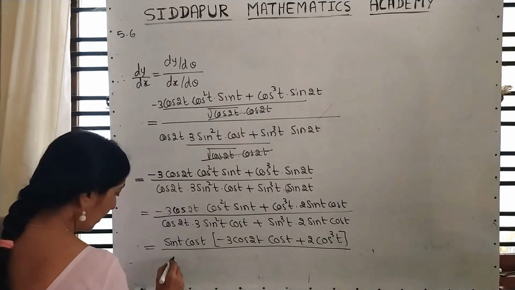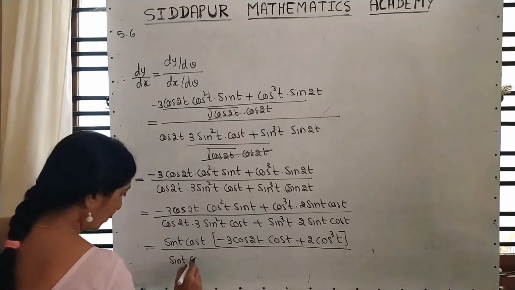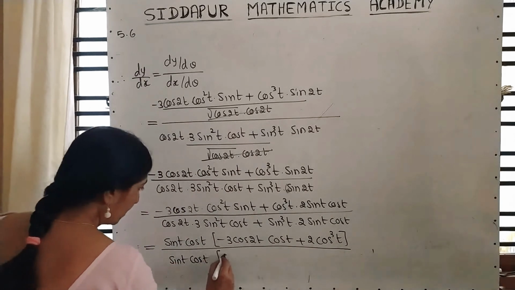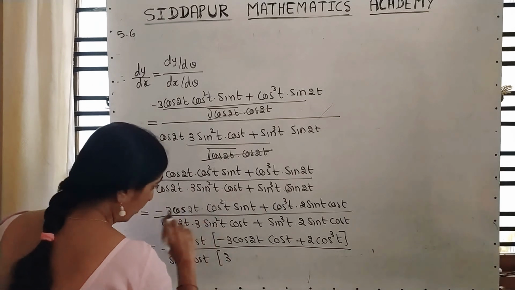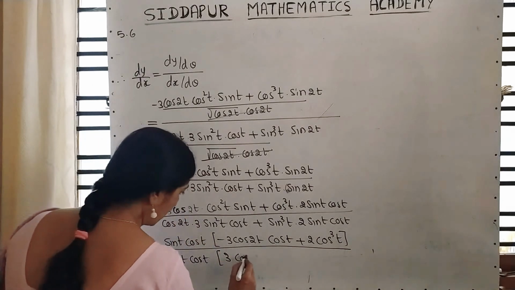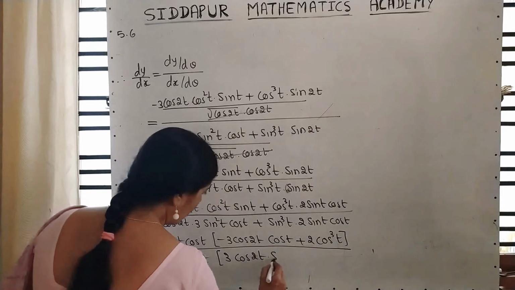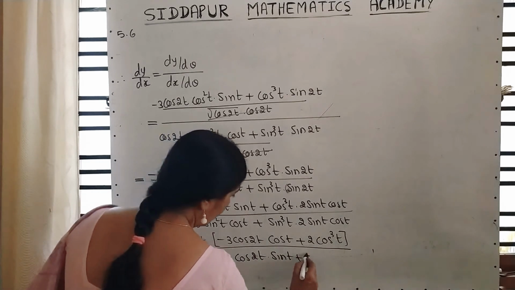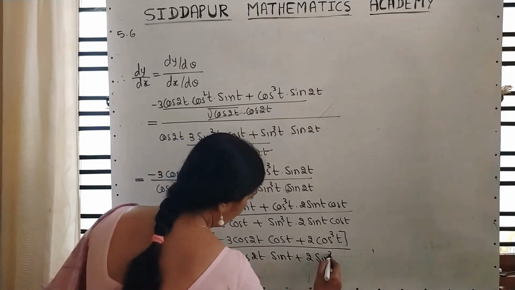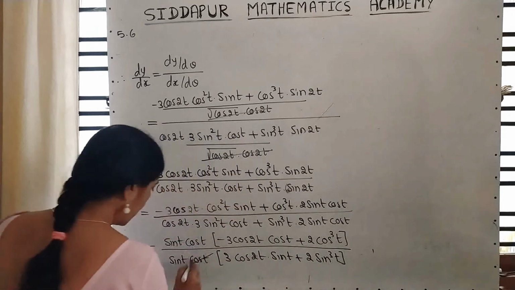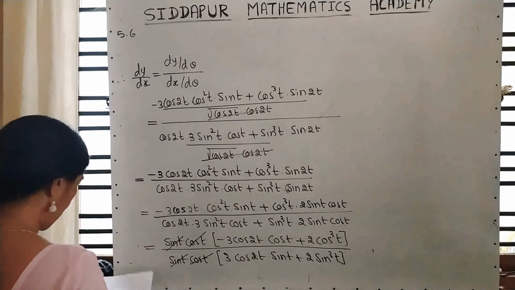Divided by, in the denominator also sin t into cos t common. 3 as it is, out of 2 one common, and this cos 2t as it is into sin t plus 2 sin cube t. Cos t, sin t get cancelled.